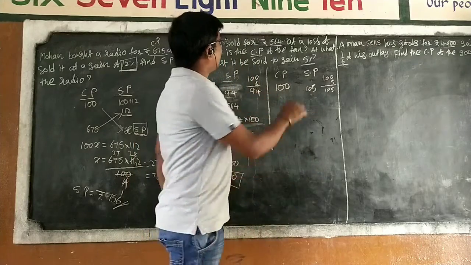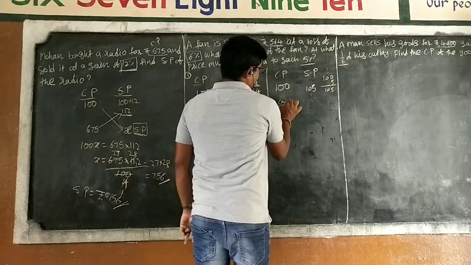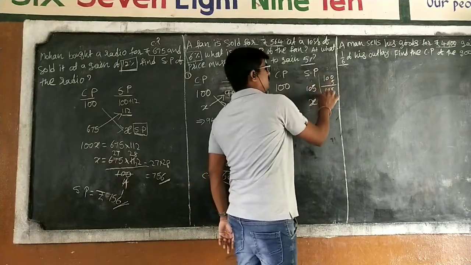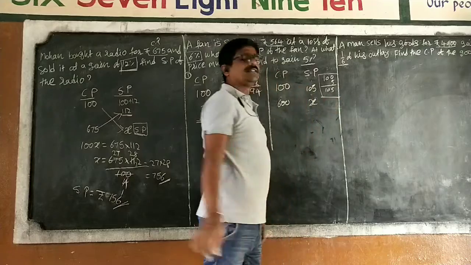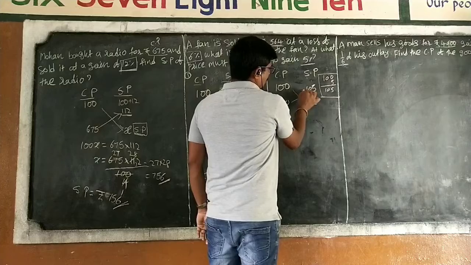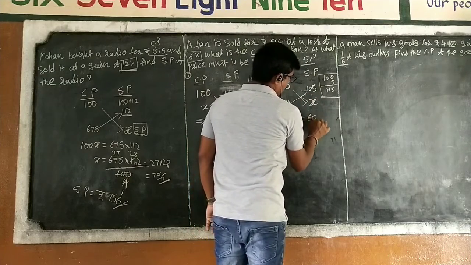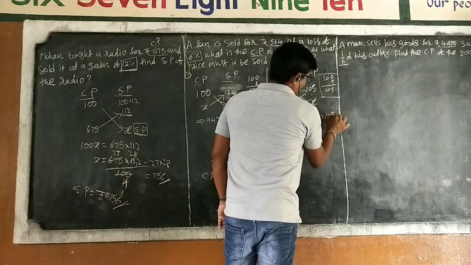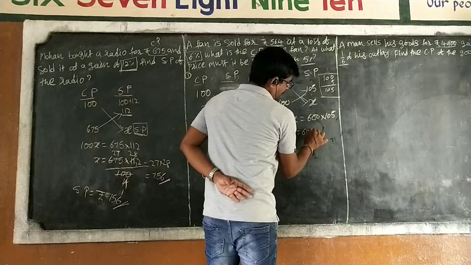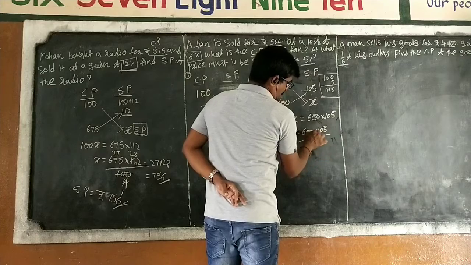Next, the cost price is given: how much? 600 rupees. We have to find the selling price. We don't know the selling price, that's why I take X. 100x is equal to 600 into 105. X is equal to 600 into 105 by 100. 2 zeros cancel 2 zeros.